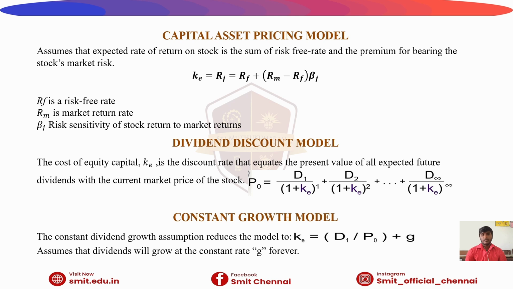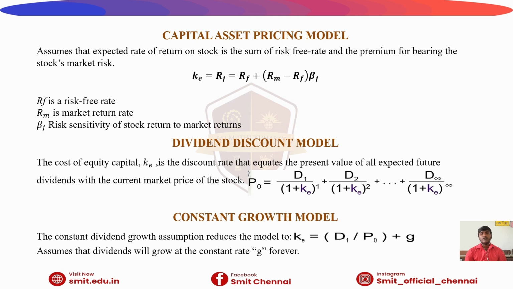Formula is KE equals RF plus beta times (RM minus RF). RF means risk-free rate, beta means systematic risk, and RM is the expected market return.